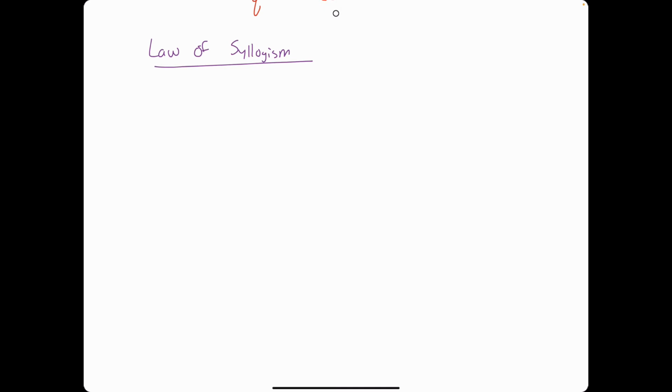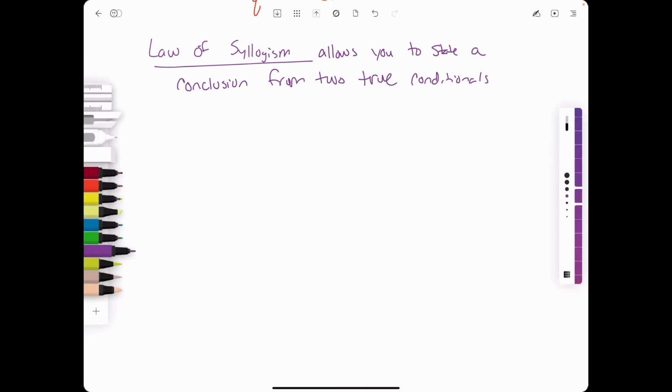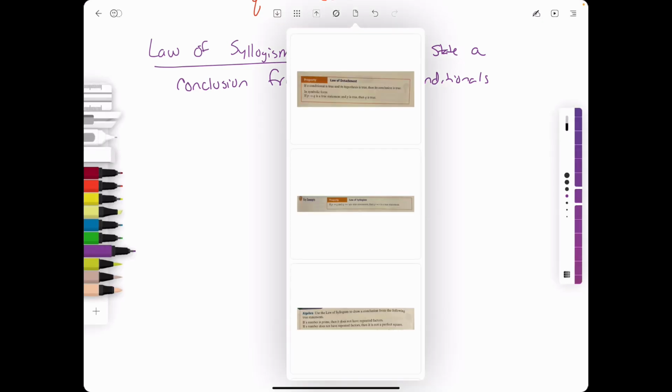So this allows you to state a conclusion from two true conditionals. So it's kind of using somewhat the similar idea. I'm going to pull in the picture from your book.